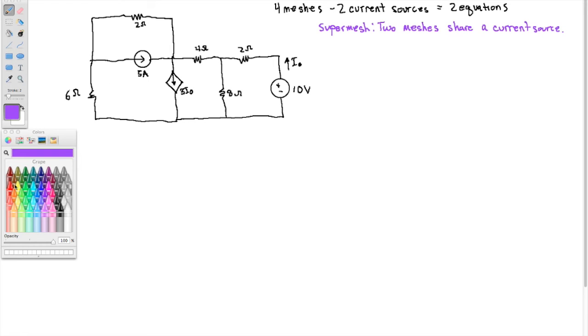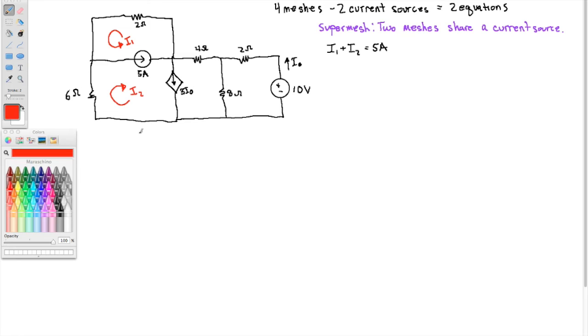So if we call this mesh 1 with current I1, and this mesh 2 with current I2, those 2 meshes share this current source of 5 amps. So right away we see that I1 plus I2 equals 5 amps. So we see the relationship between those two.